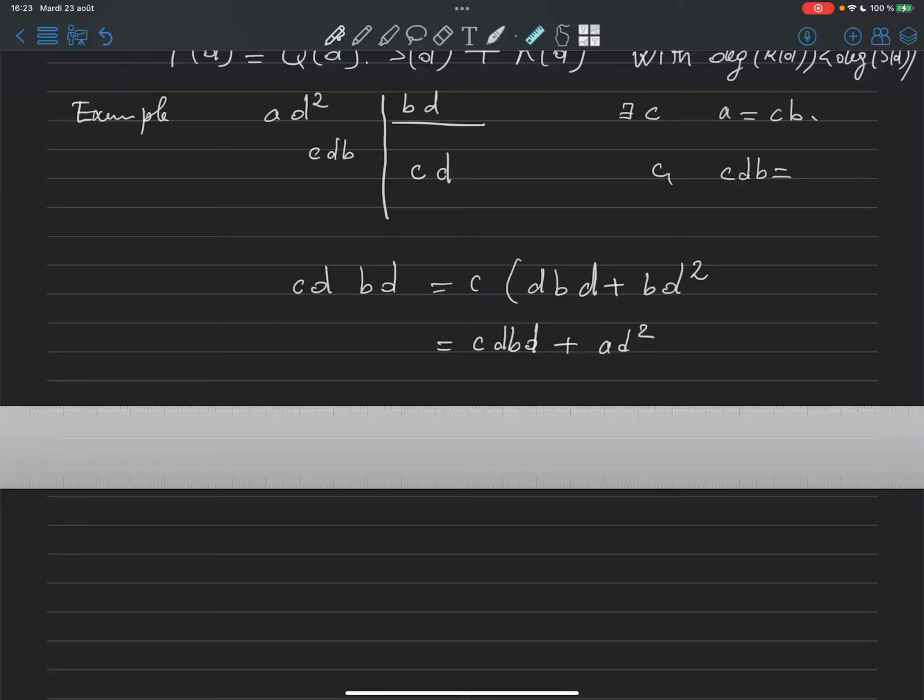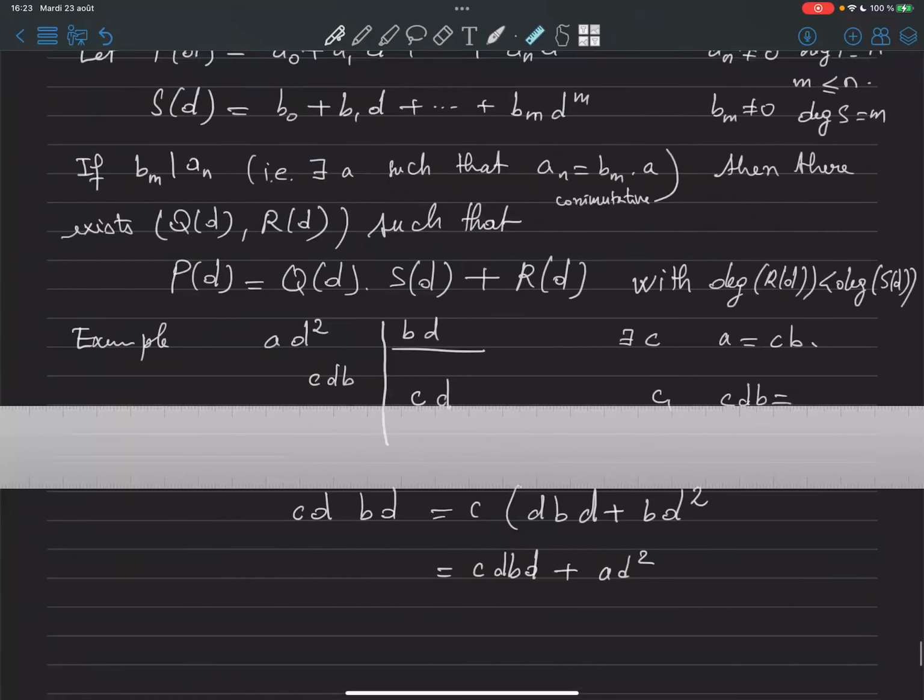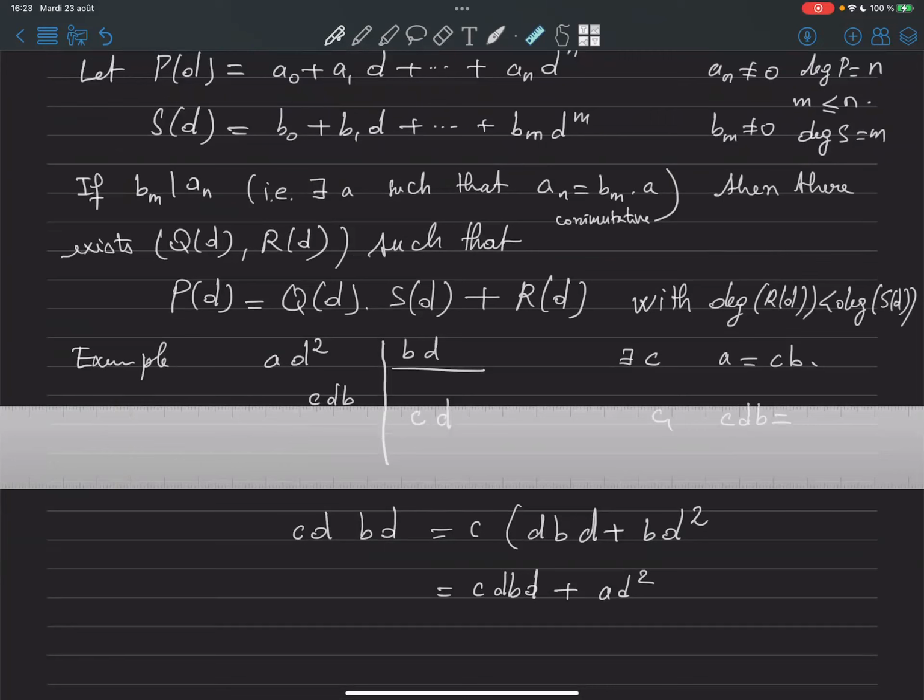Usually we just need B to be an invertible element, then it's okay. Here it's better to say that B_M is invertible.